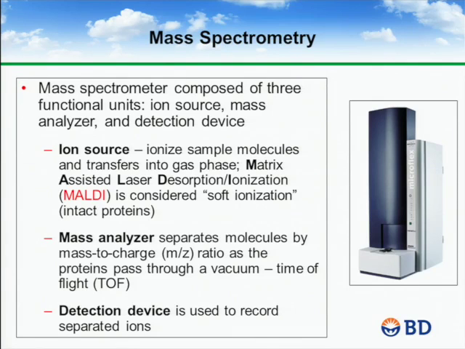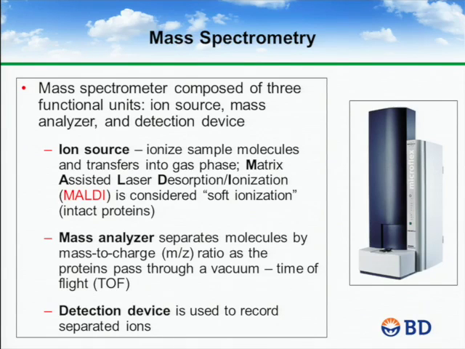The way this technology is used, the charge is generally 1, so you're really separating the proteins based on their size. And that separation occurs by passing the ionized proteins through a vacuum field where they're separated as they fly through space, or time of flight.